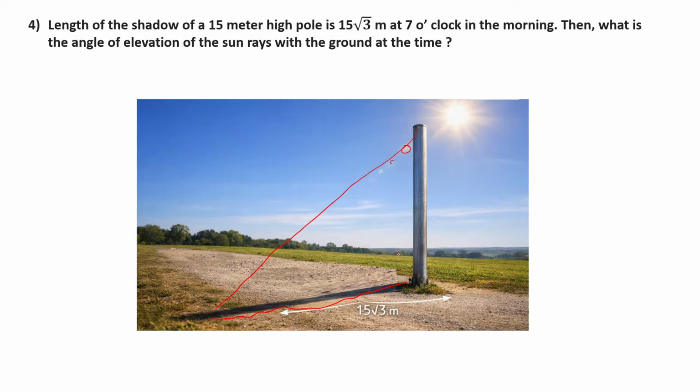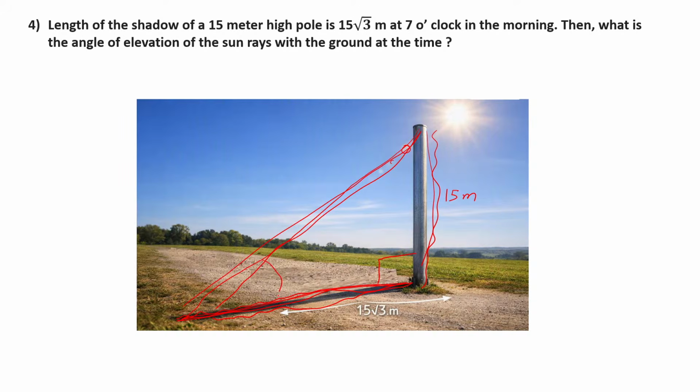So this one is forming a right angle triangle if you observe. Okay. Now the length of the shadow is given as 15 root 3. This length of shadow is 15 root 3. And the height of the pole is given as 15 meters. If the height of the pole is 15 meters and the shadow formed is 15 root 3, we need to find the angle of elevation of the sun.